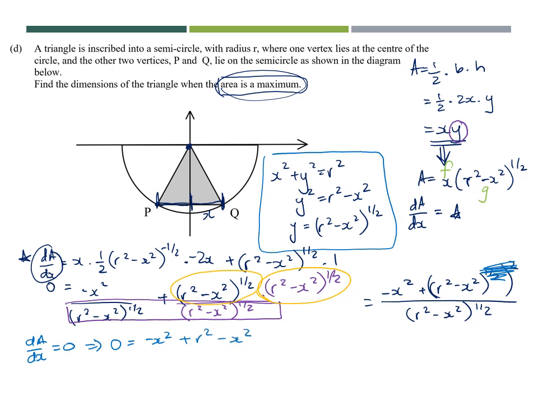Trying to solve that, we've got negative 2x squared plus r squared. So 2x squared is equal to r squared. So from here we're going to get x squared is equal to half of r squared. So therefore x is going to be equal to the square root of a half r squared, which is just going to be a quarter of r.